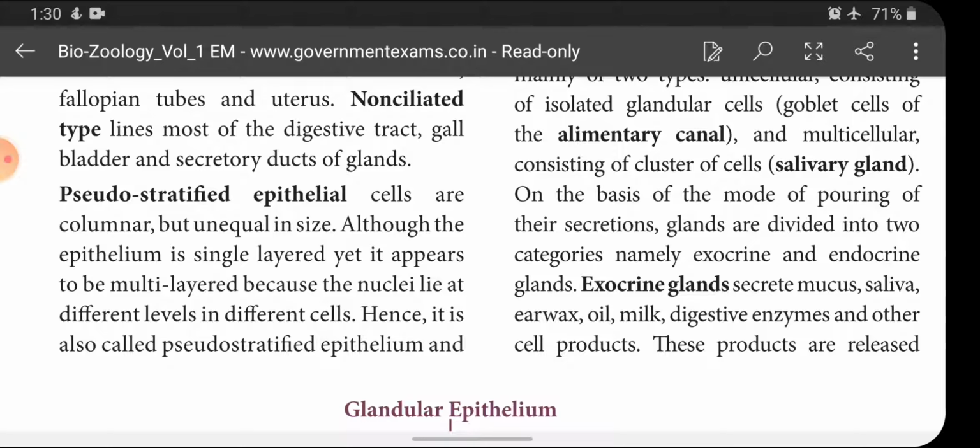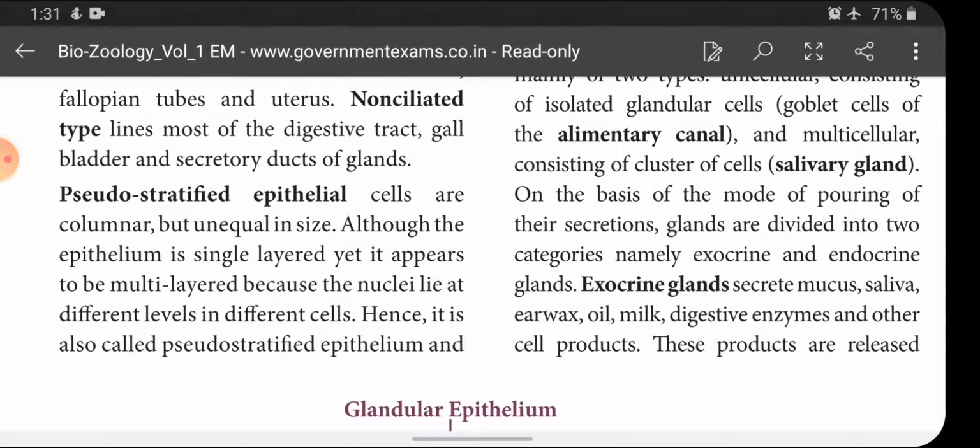Pseudo-stratified epithelium is a type of columnar epithelium. Why is it called so, and mention its function. Actually it is a book back question, children. This pseudo-stratified epithelium is made up of a single layer, but the cells present in this layer are unequal in size. And why does it look like stratified?